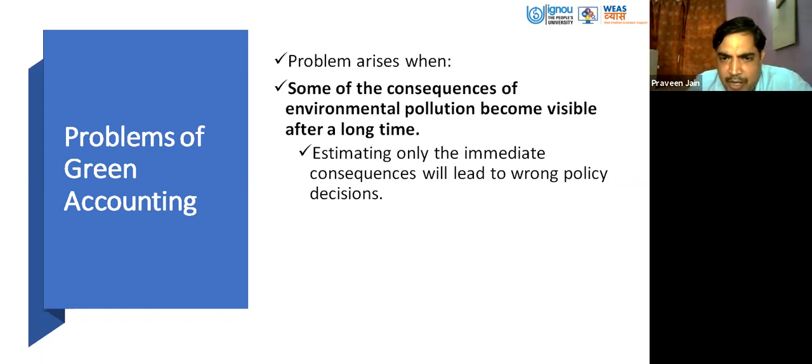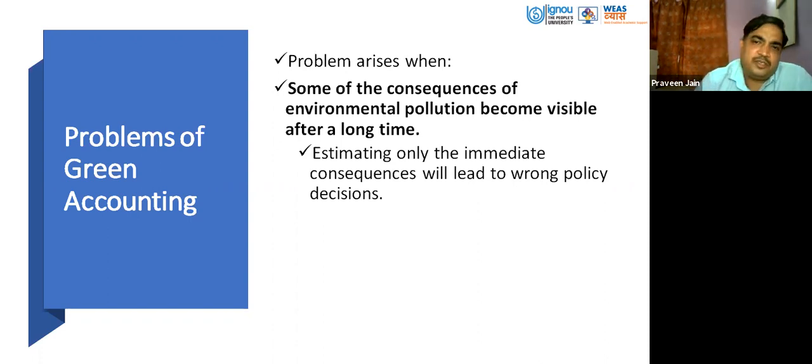So estimating green accounting is basically estimating the immediate consequences, and in the immediate consequences there is no harmful impact of pesticides, we can say. That may lead to a wrong policy decision.